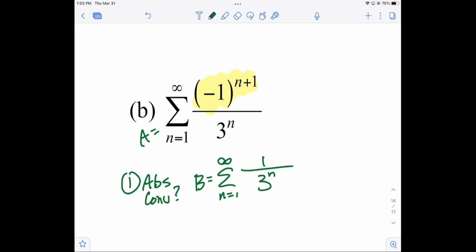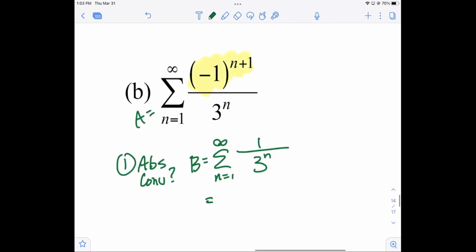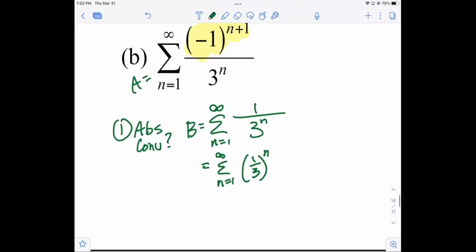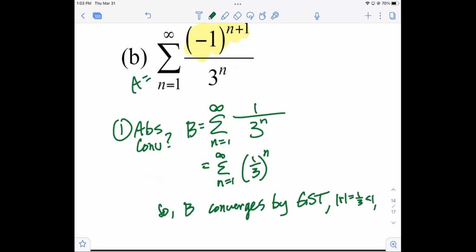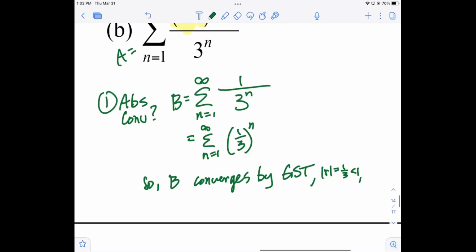But if you had to prove it, that's another thing, right? It's like, oh, why do we got to do all this work? Well, now you would rewrite this as 1/3 to the n, so B converges by the geometric series test, absolute value of r equals 1/3, which is less than 1. And so what does that mean?